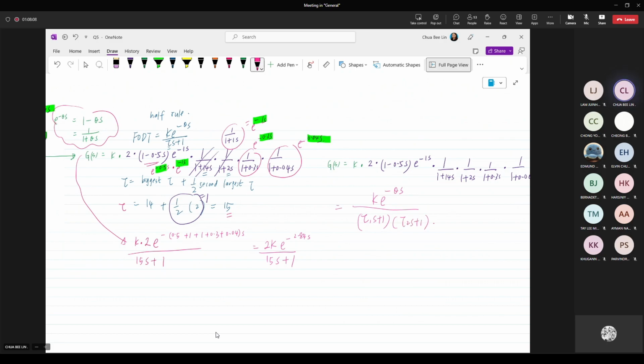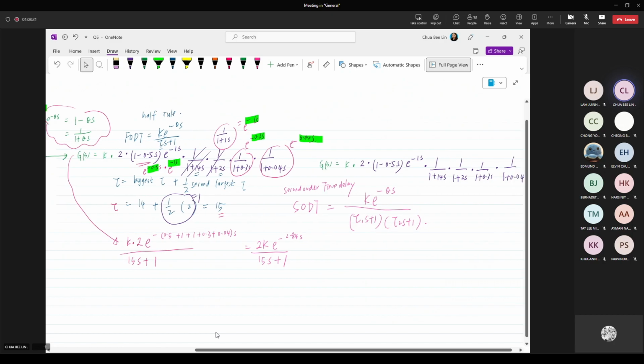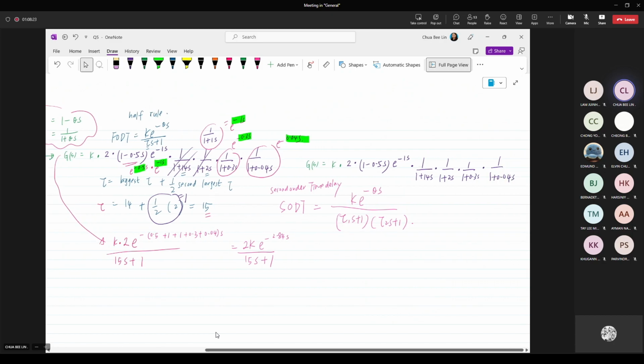So this one will be the second order plus time delay. Okay. So just now I gave you some time to copy this equation. Now using the half rule, we want to solve the second order plus time delay.